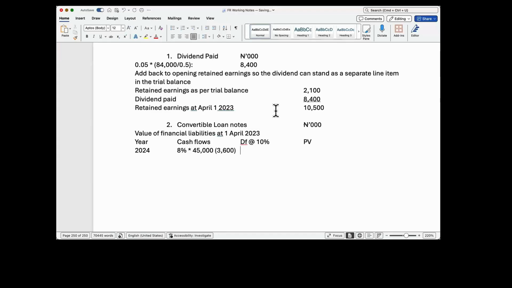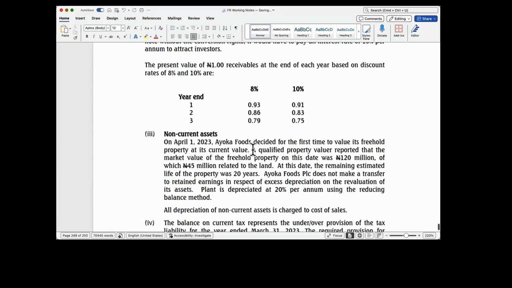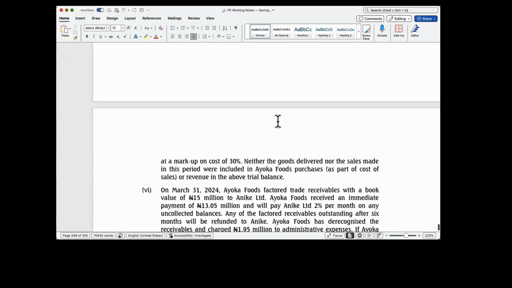Ordinarily, I should have used an annuity to get the present value, because this is interest for year 1, year 2, year 3. This is a 3-year term loan, since it's going to be redeemed in 2026. Redeeming means they will pay it back to the investors. But the examiner gave me the discount factor year on year. So what's the discount factor in year 1?